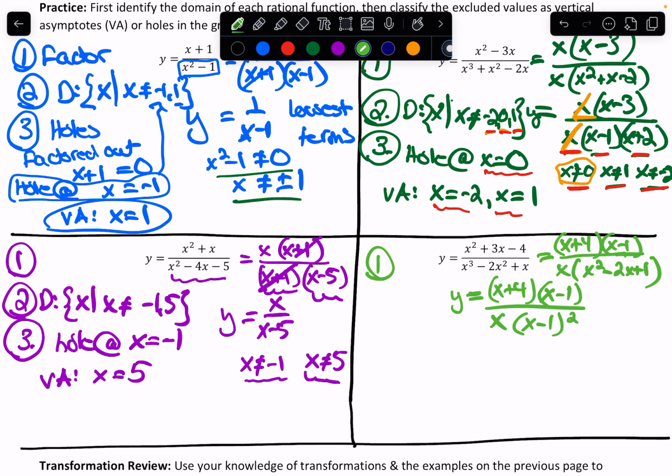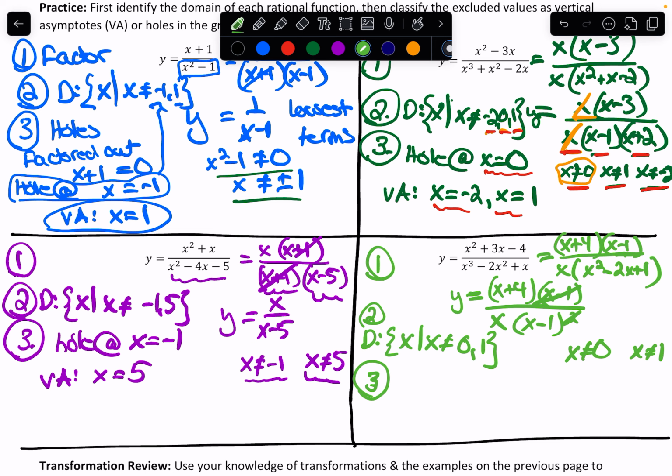Okay, so again, x cannot equal 0 and x cannot equal 1. We can cancel out one set of x minus 1s here. The domain is going to be x is such that x cannot equal 0 or 1. That's our number 2. Number 3.